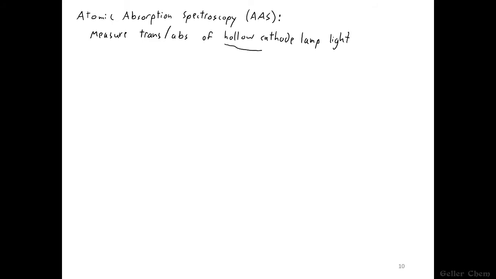As for what the hollow cathode lamp is that we've seen mention of a couple of times so far, this is a lamp that is designed to emit a light that is absorbed by a very specific element. Emits light that is absorbed by a specific element.